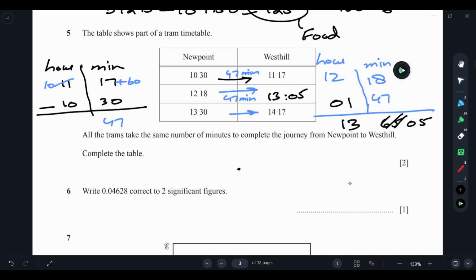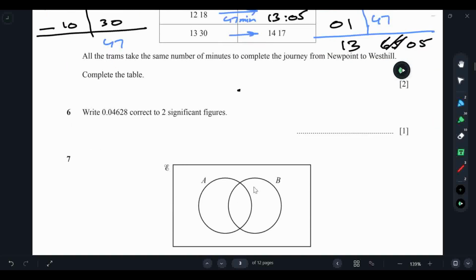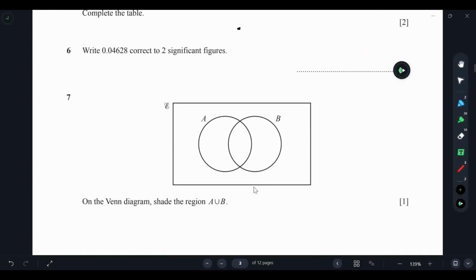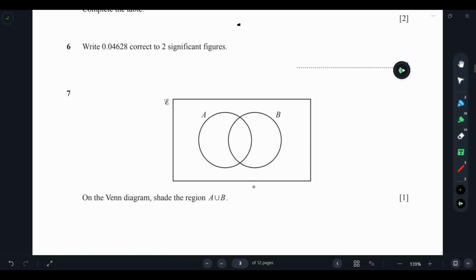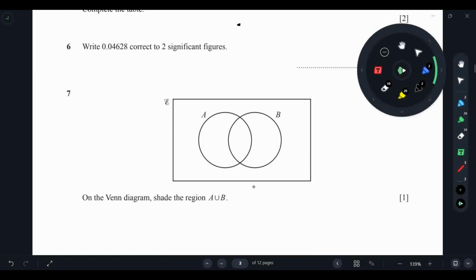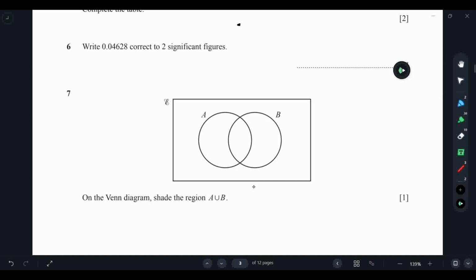Let's move to question number 6. In question number 6, we need to write it in two significant figures. Significant figures are basically the non-zero digits in a figure.